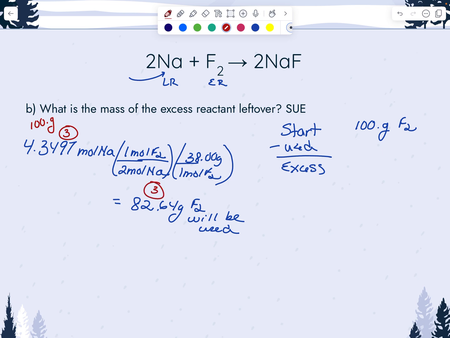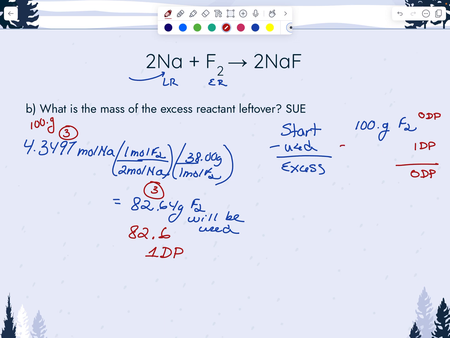So it would round to be 82.6, which would be 1 decimal place. 100.0 has 0 decimal places. The number that I'm going to subtract would have 1 decimal place. We always go with the least number of decimal places or significant figures. Since it's subtraction, we're doing decimal places.